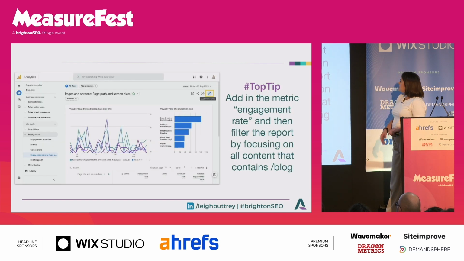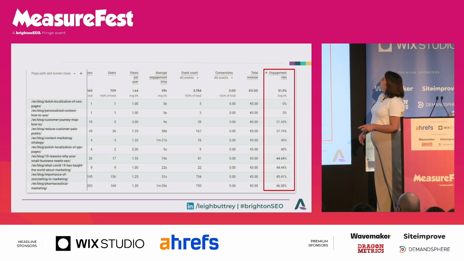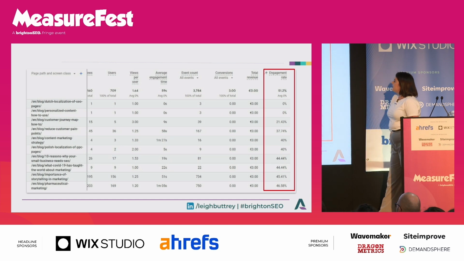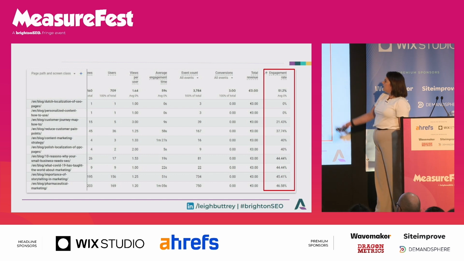The next thing we can do is set up a report looking at engagement rate. Filter your report by content that contains blog, for example, and that's going to look something like this. If you then look at engagement rate at the lowest end here, we know we've got a lot of work to do on these blog articles.